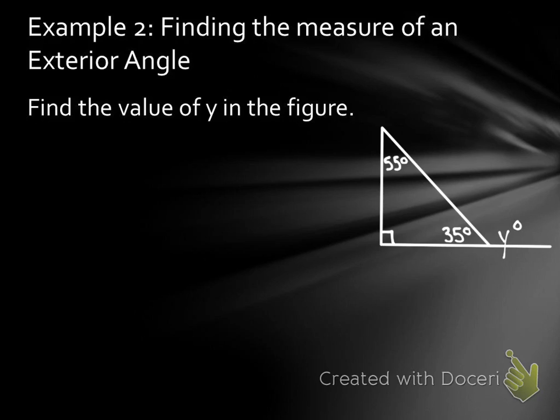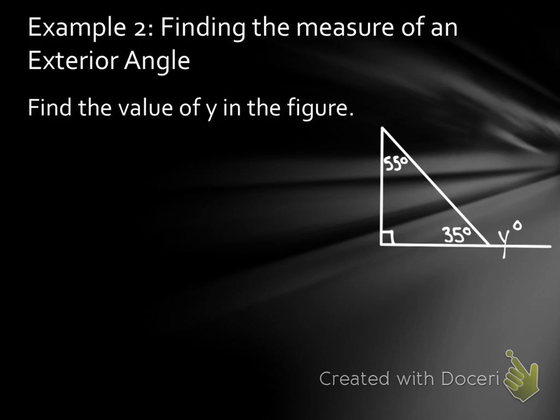I'm going to focus on the interior angle that is connected to the exterior angle. These two angles lie on a what? Straight line. Do I know the measurement of a straight line? 180 degrees. So these two angles are what? Starts with an S. Supplementary.